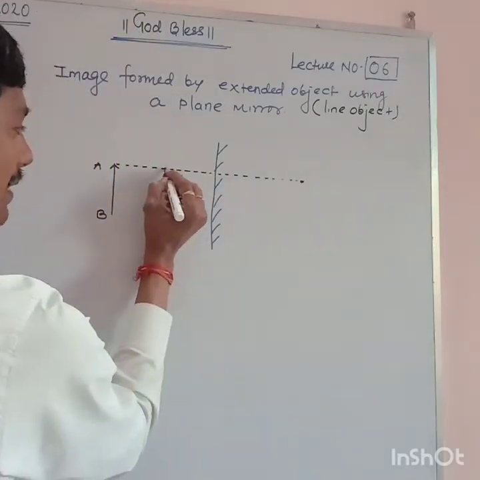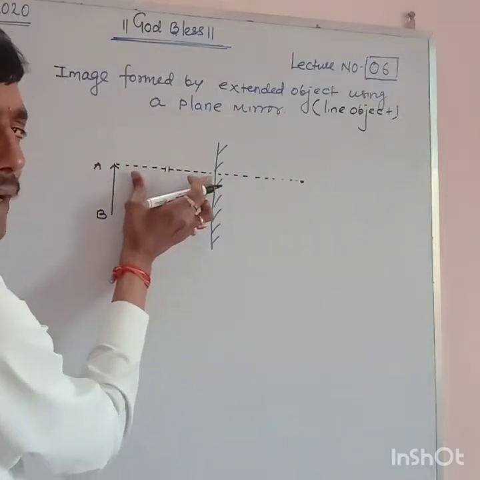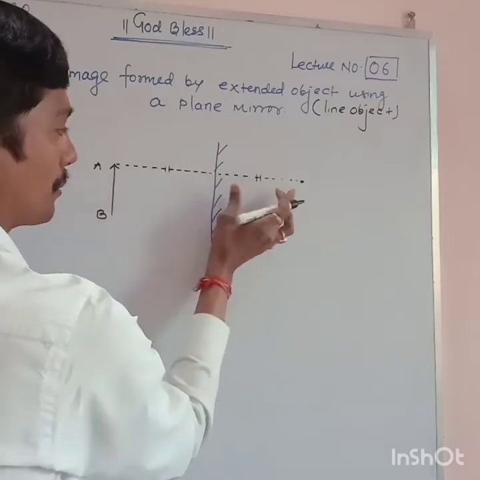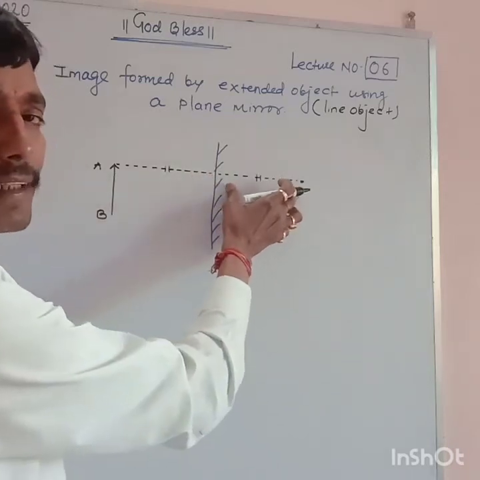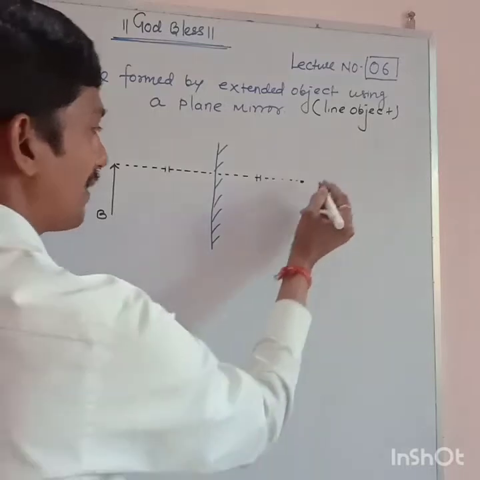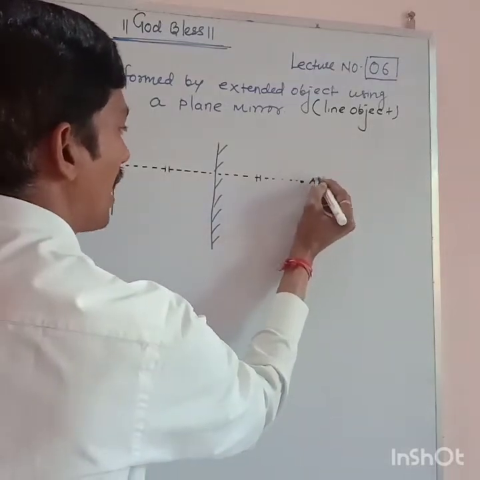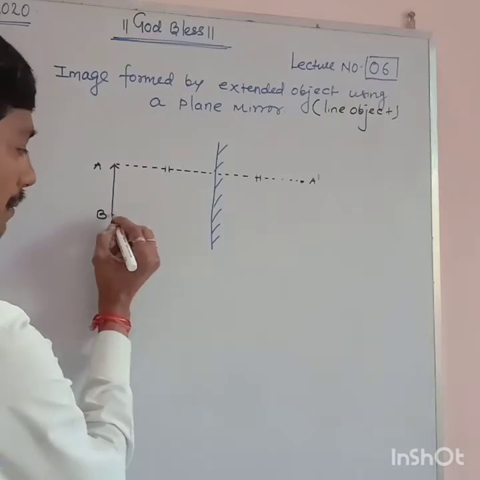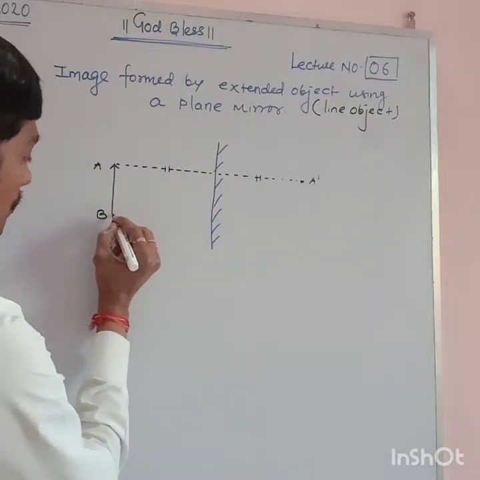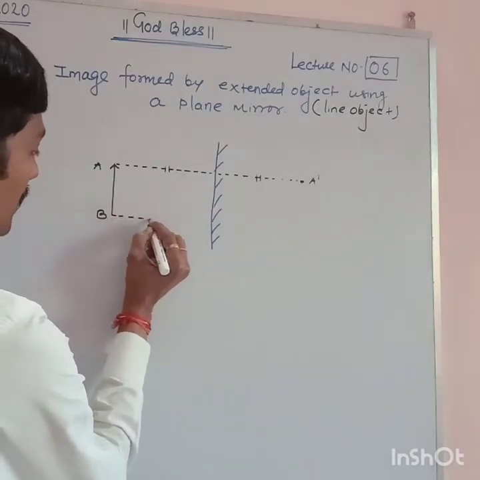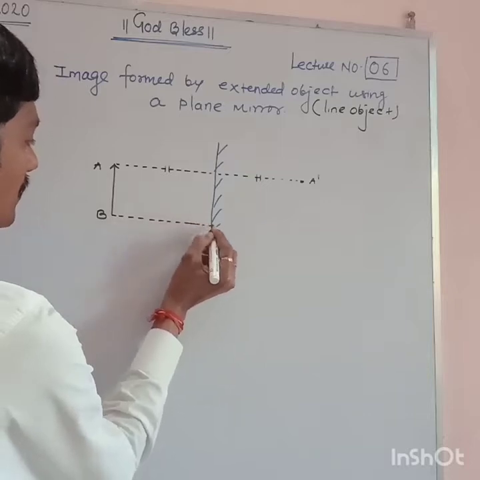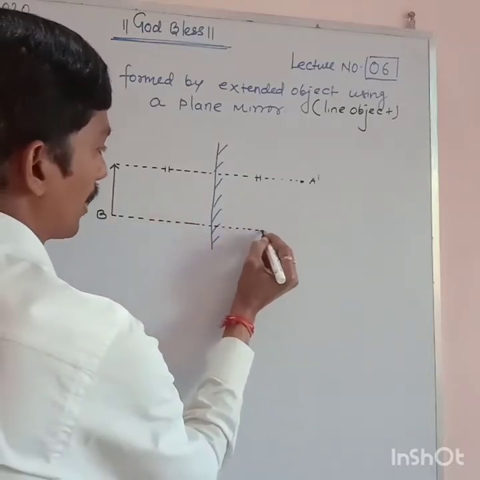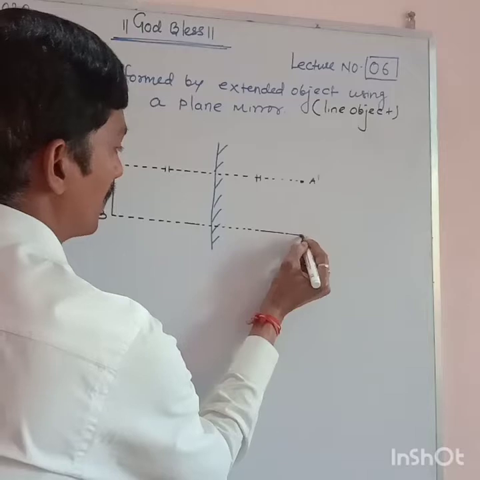I will see to it that the distance of this perpendicular and the distance of this perpendicular which I produce inside the mirror are the same. I have marked it as A dash. Similarly, I will draw the perpendicular from B on the plane mirror and extend it inside the mirror.